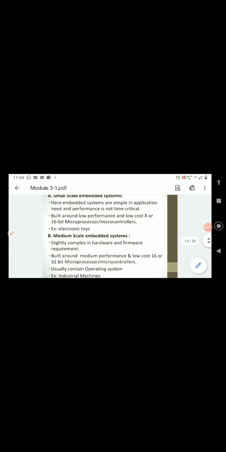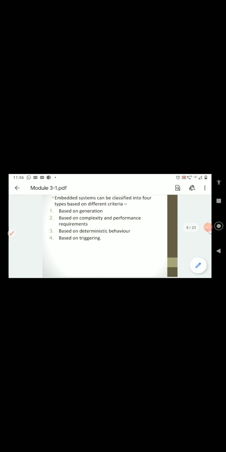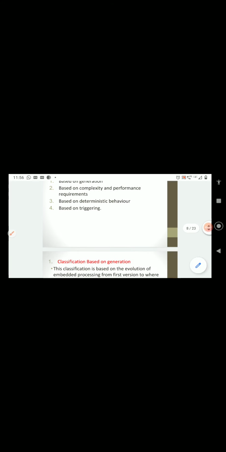Okay, so this is the classification based on complexity and performance. We have seen the classification based on generation and the classification based on complexity and performance requirement.